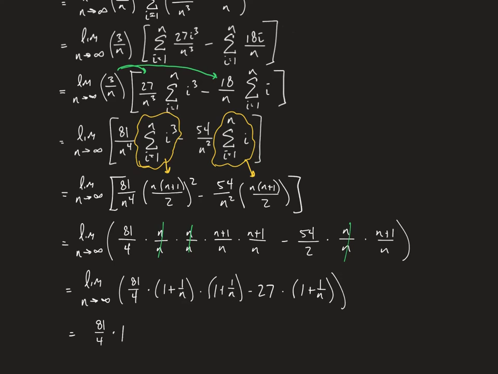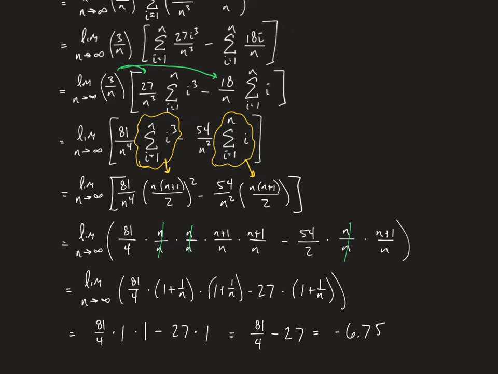The same thing is happening here. So times another 1 minus 27 times 1, because we've got that same situation there. And so what this really amounts to is 81 fourths minus 27, which if we calculate that is negative 6.75.